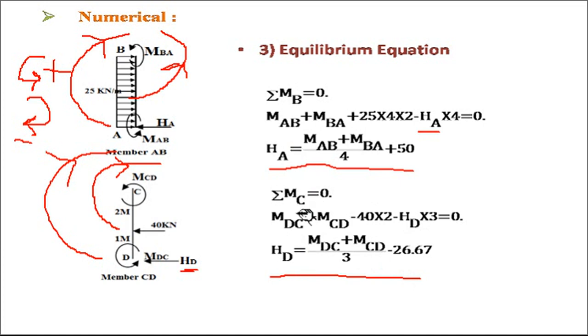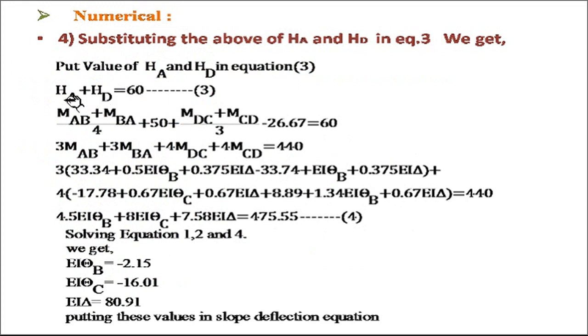So we'll put this value of HA and HD in equation number 3. HA plus HD equal to 16. Putting the value of HA, that is (MAB plus MBA) upon 4 plus 50, and the value of HD, (MDC plus MCD) upon 3 minus 26.67, equal to 60.